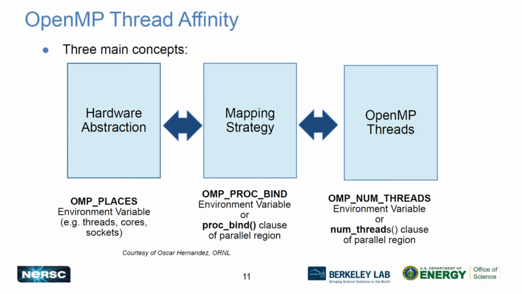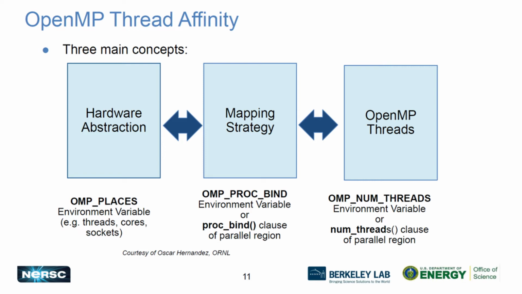For OpenMP thread affinity, there are 3 main concepts: the hardware abstraction, OMP_PLACES, to define where the OpenMP threads can be placed on the hardware; the mapping strategy, OMP_PROC_BIND, to define how you bind your threads onto these places; and OMP_NUM_THREADS, how many threads you want to use. There are environment variables to control those, or clauses on the parallel region.